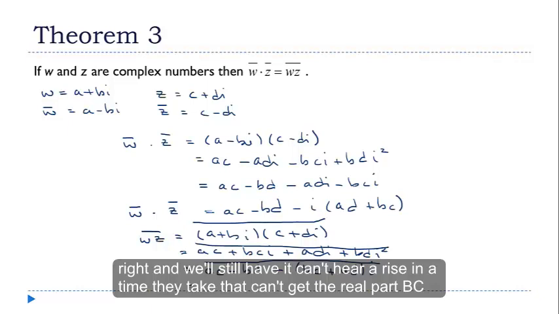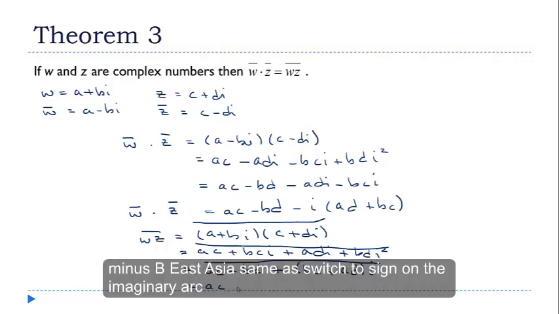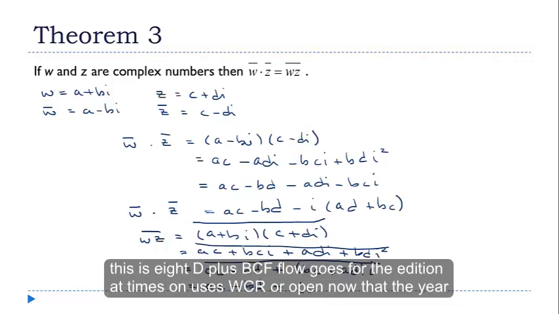Now I'm going to take that conjugate. The real part, AC minus BD, stays the same. I switch the sign on the imaginary part. This is AD plus BC, I just flip the addition in there, times I. This is WZ bar.